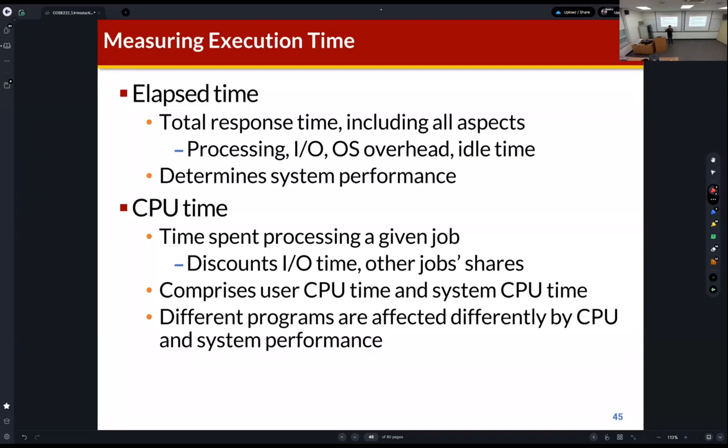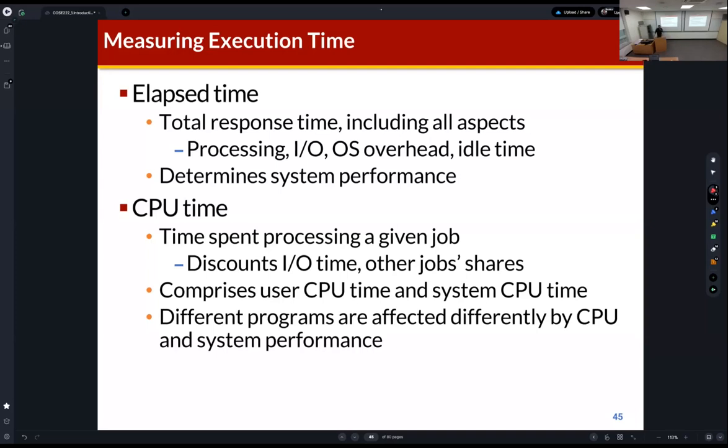So as I mentioned, our computer system is composed of many components. So it means that the execution time of one application can be influenced by the operating system and other applications. Also, the response time or execution time can be influenced by network speed, right? So if the network speed is slow, you can say, oh, my smartphone is slow, right?